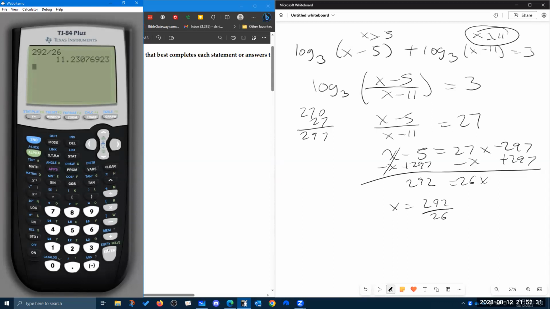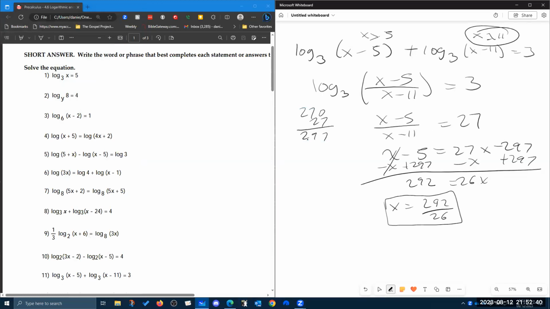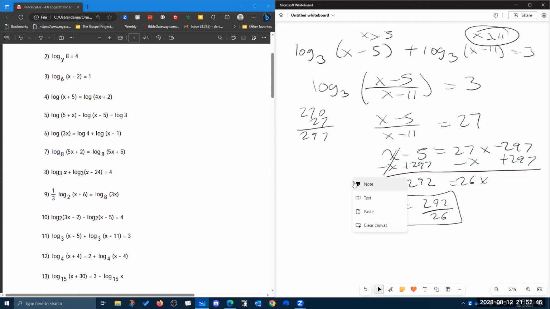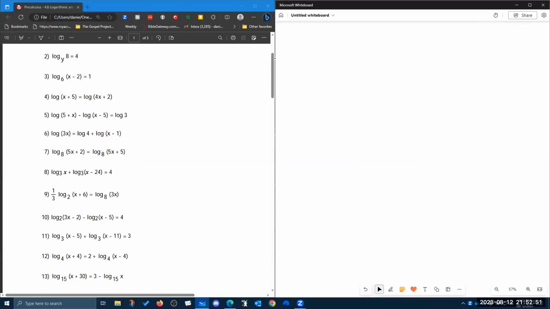So it's just a little bigger than 11, and that's what I needed to be in my domain. All right, that was 11. Let's check 12 and 13 here.